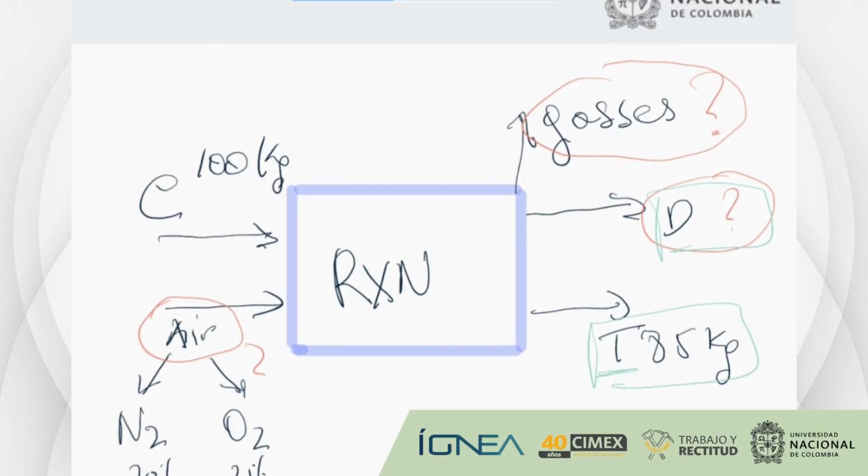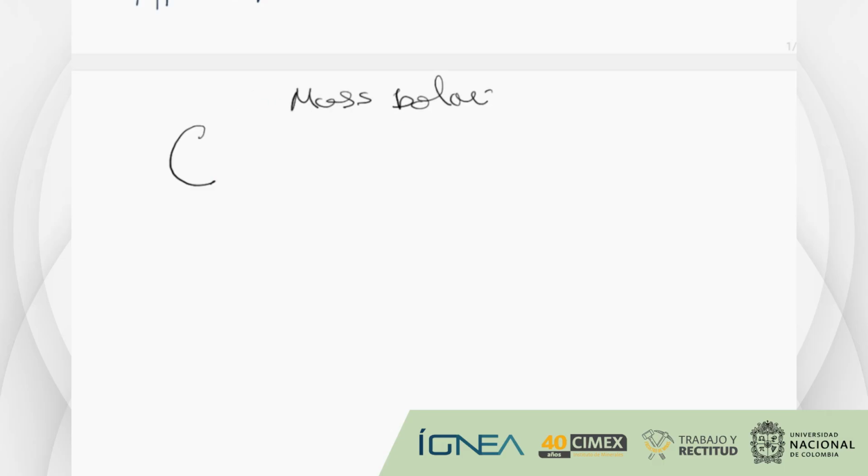The first problem we have to solve is to define the quantity of gases. In this kind of exercise, it is necessary to prepare a mass balance, and we could say a mass balance of zinc. This is the most important thing now.